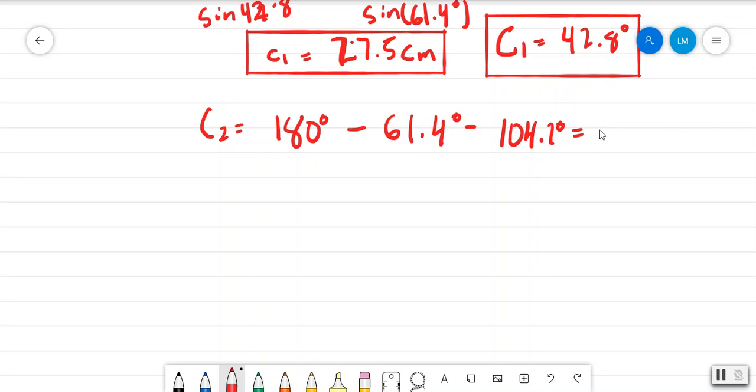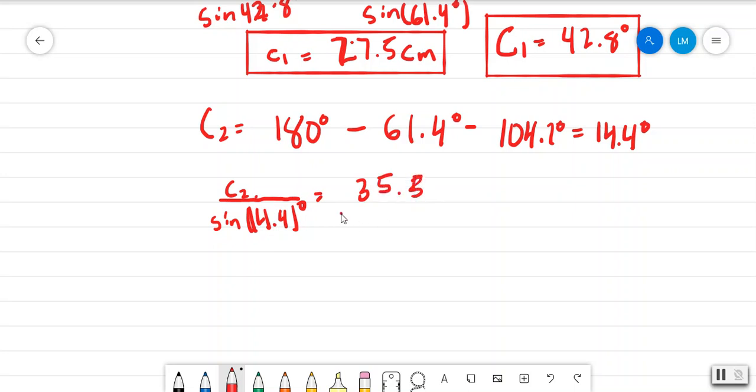This is going to equal 14.4 degrees. Now, what I want to do here is figure out how to find the little c2 divided by sine of 14.4 degrees, which is equal to 35.5 divided by sine of 61.4.